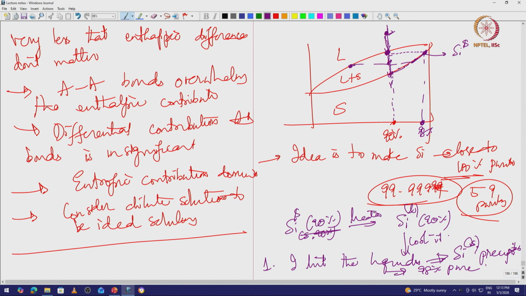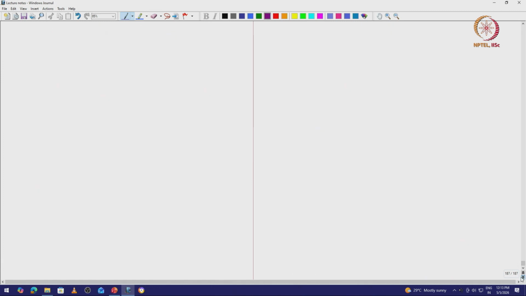This precipitated silicon was more pure, but by cooling it down I again brought back the impurities. Just by cooling to T equal to T liquidus, I precipitated out more pure silicon.